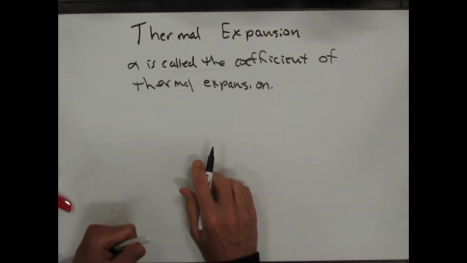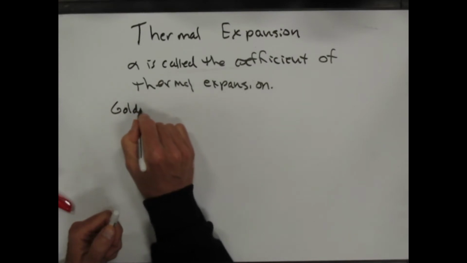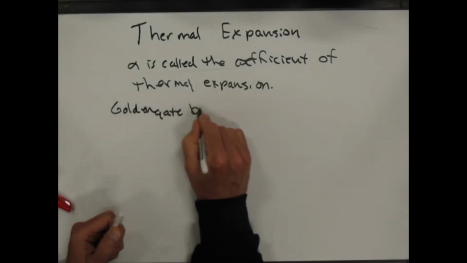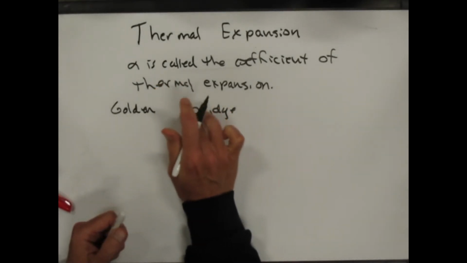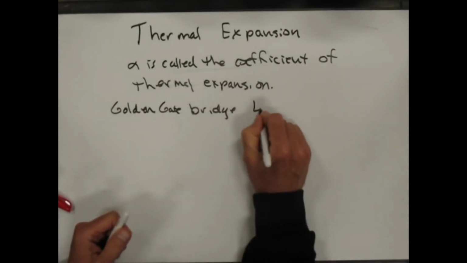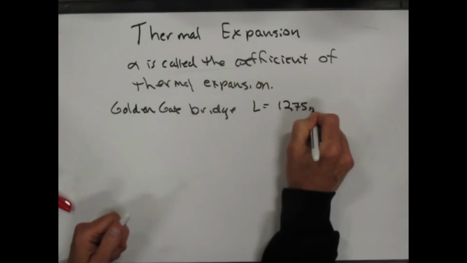So let me just give you an example. For the Golden Gate Bridge, the length is 1275 meters.